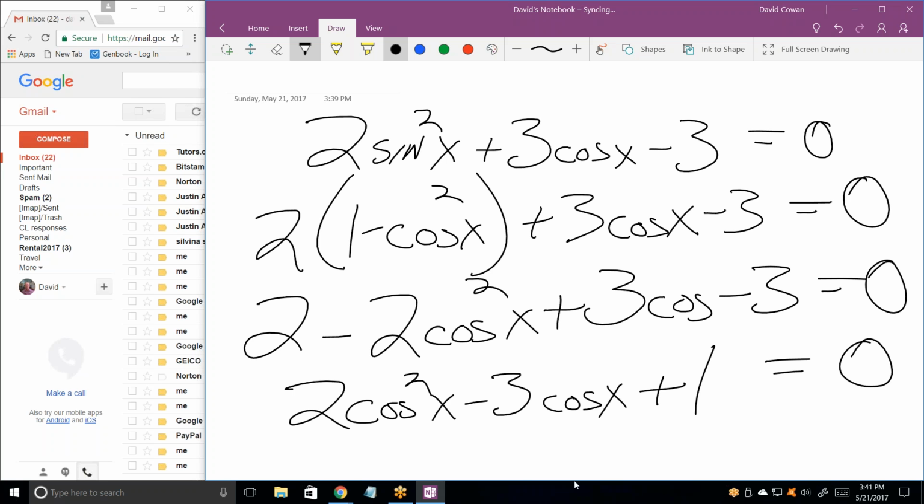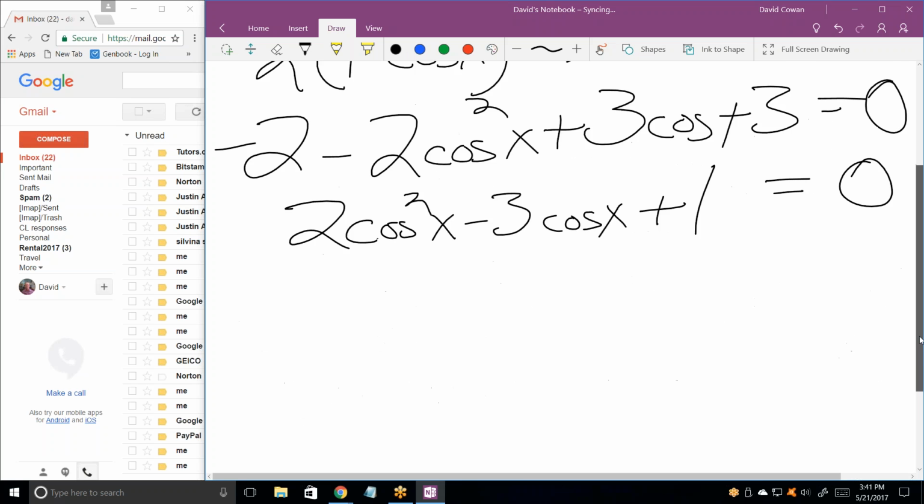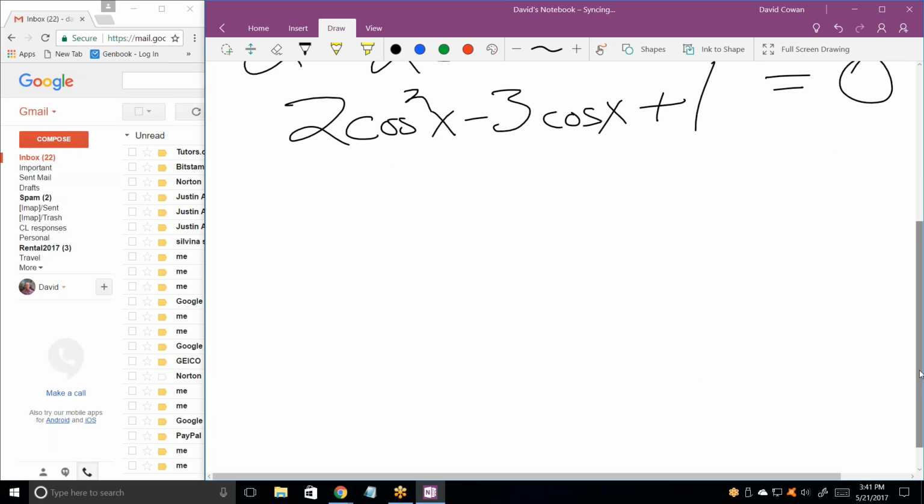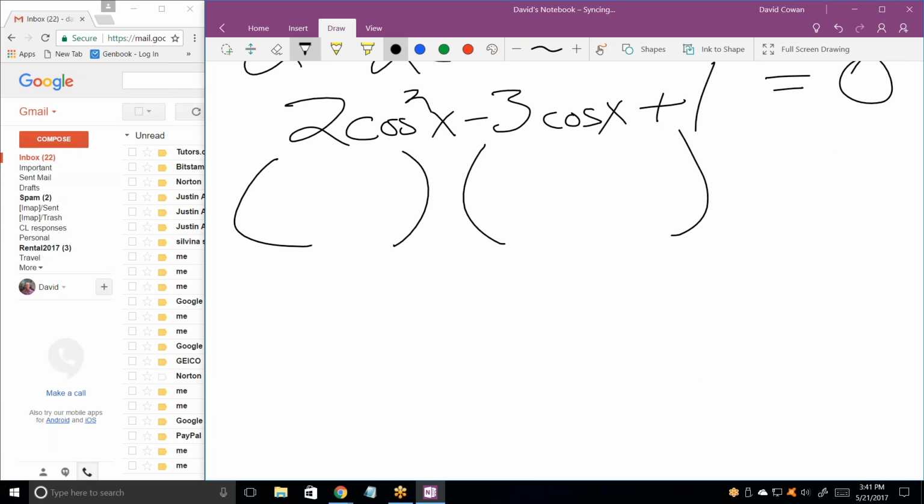Because that would turn negative, that would turn positive. Now, all we got to do is factor that. That becomes 2 cosine of x and cosine of x, and it's 1 and 1, and isn't it just both negative? Yes, it's both negative and there's only 1 and 1, so either that works or we have to resort to the quadratic.